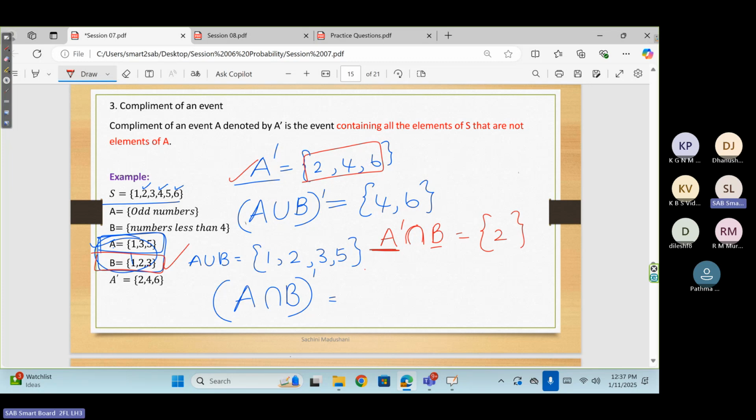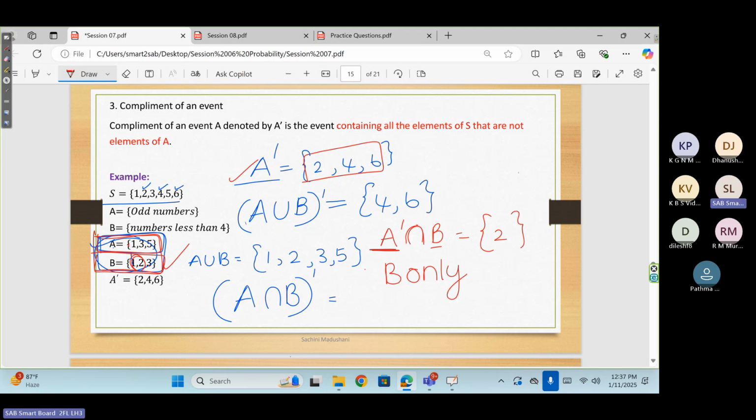A dash we get from the event A. Then looking at event A and event B, 2 is only in event B. Understood? It means A dash intersection B, another meaning we can say, is B only.